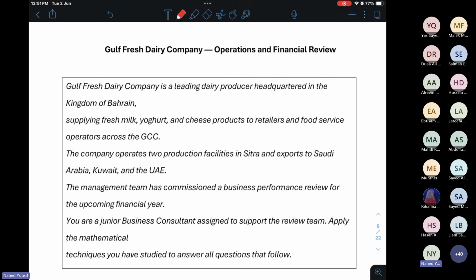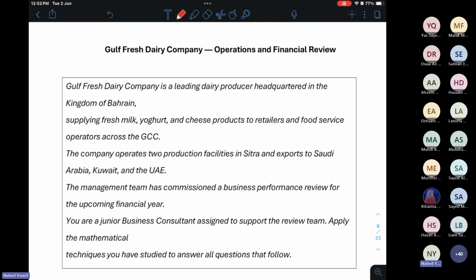So we have here Gulf Fresh Dairy Company. They are providing fresh milk and dairy products, like we have here in Bahrain.